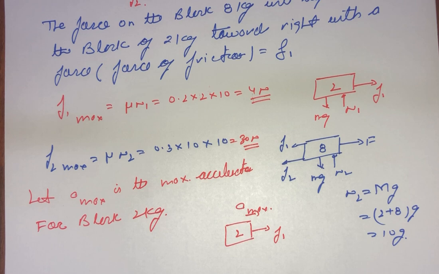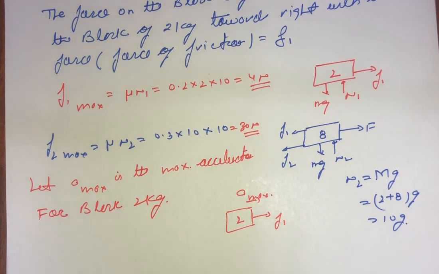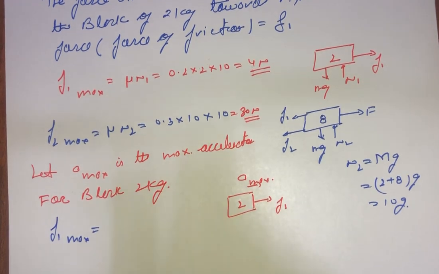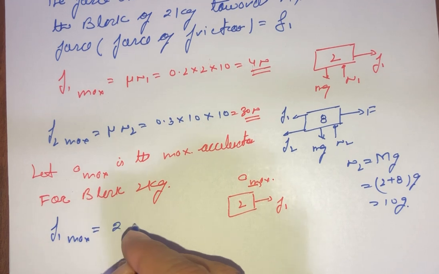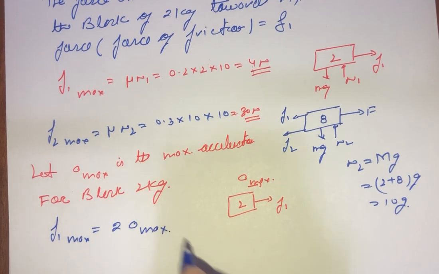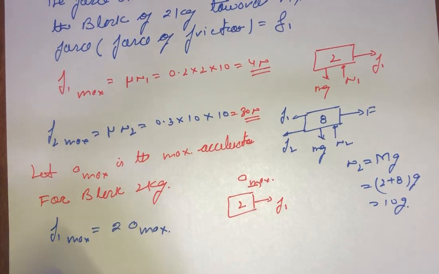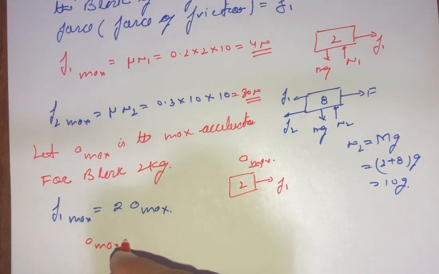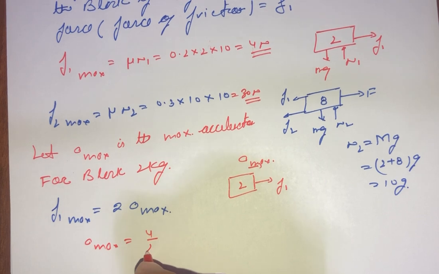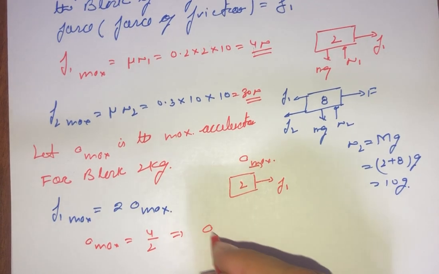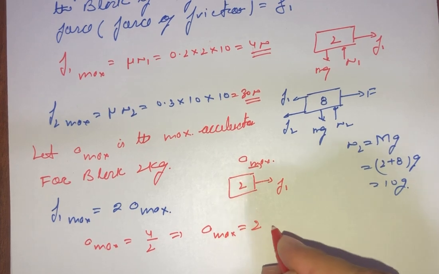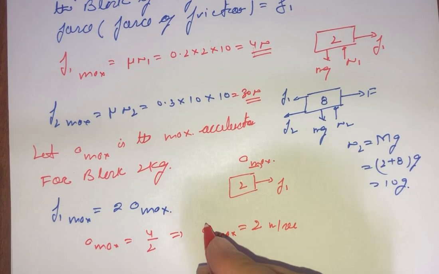So F1 max will be equal to 2 a max, and F1 max is given as 4, so a max, the maximum acceleration, is 4 divided by 2, which means acceleration maximum will be equal to 2 meter per second square.